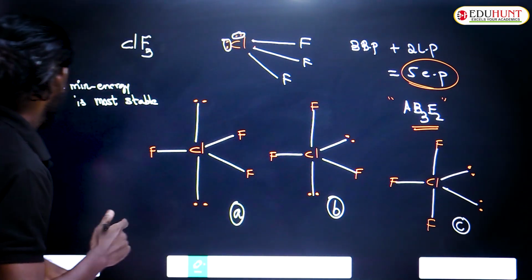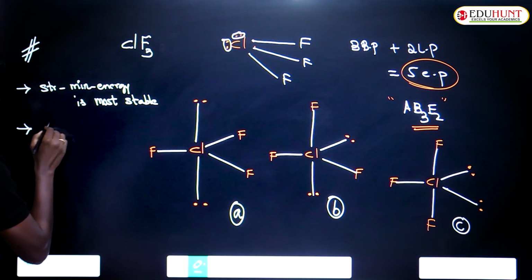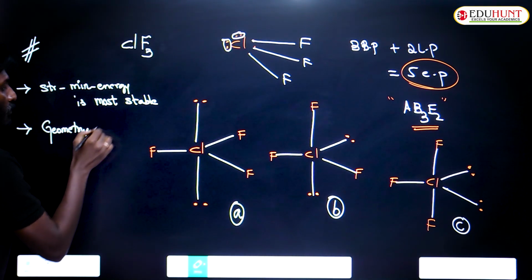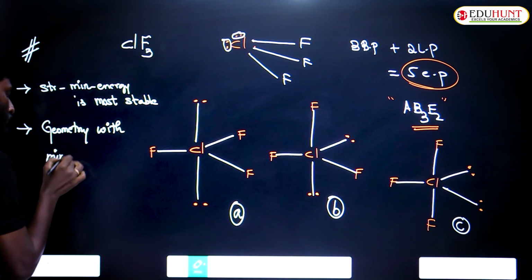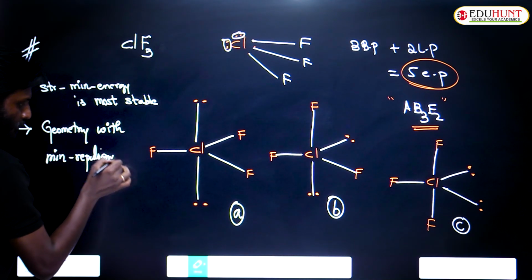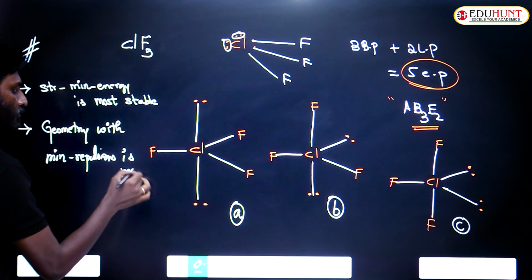So structure or geometry with minimum repulsions is most stable.